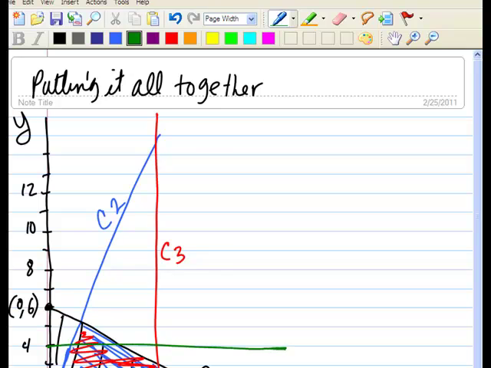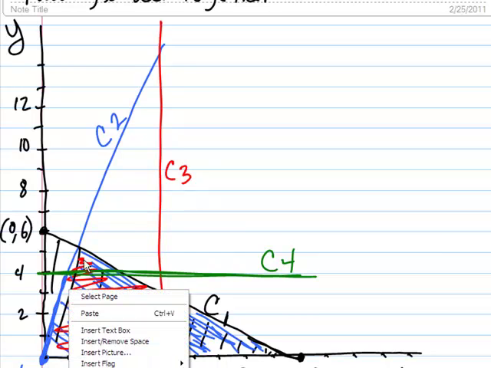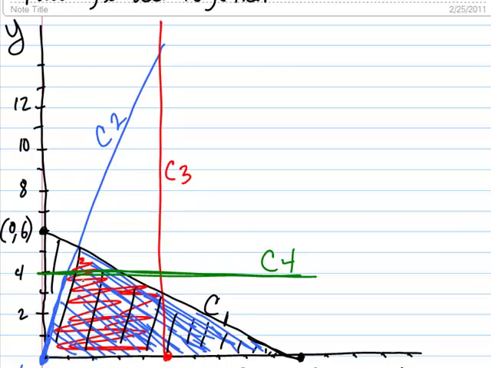So that was this one right here, and this is constraint 4, and we found out that the feasible region for it is the area below. So it's all of this area. That is the feasible region for that constraint.